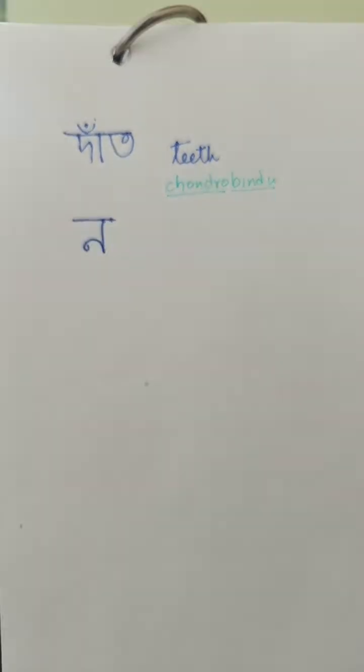This is a na. All Banjan Varna, like I said earlier, are pronounced with the a at the end. So na, da, ta. Interestingly, ta, da, na, all of these are pronounced from your teeth. So your tongue is touching your teeth when you're pronouncing them. So na is another one in the list. Very simple, na sound.